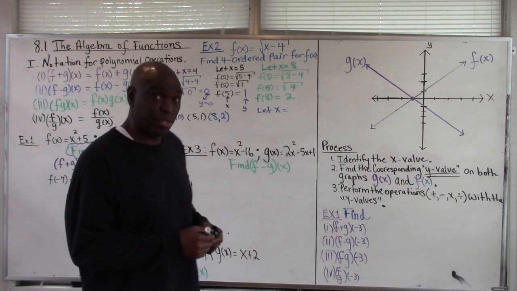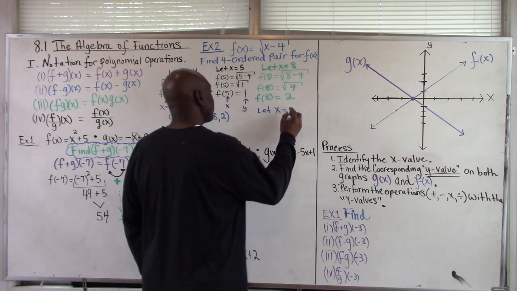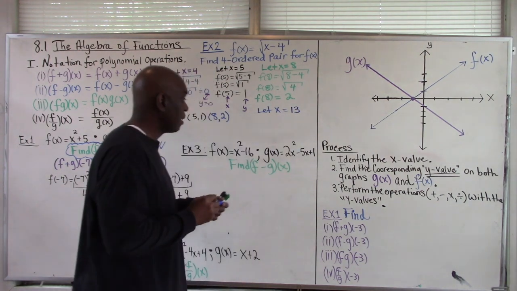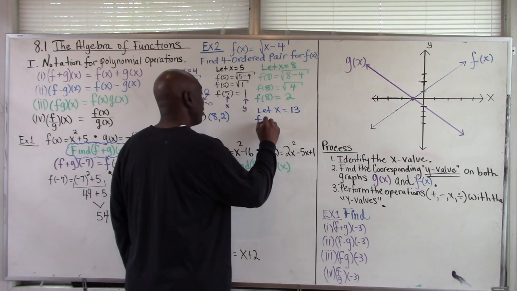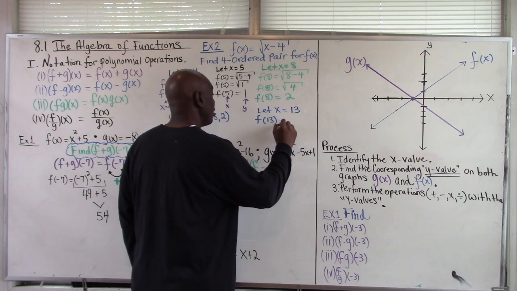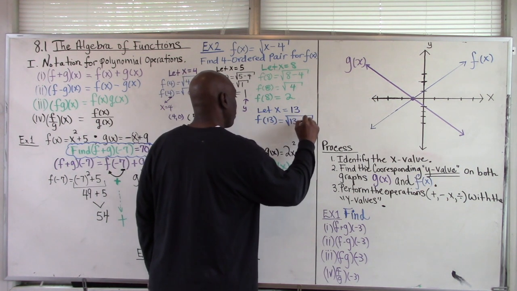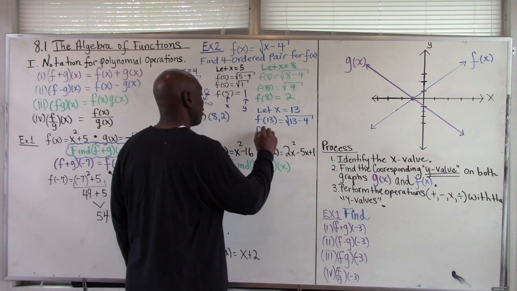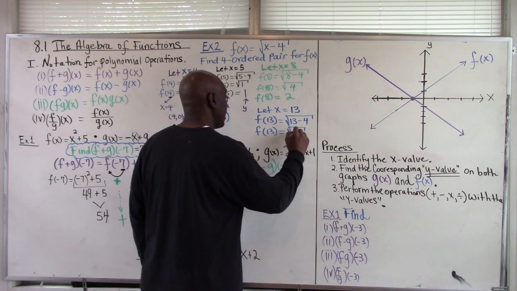What'd you say? 13? Okay, let's try 13. Let's see what we get. So f of 13 equals the square root of 13 minus 4. F of 13 equals the square root of 9.